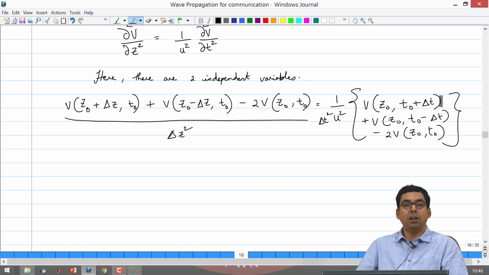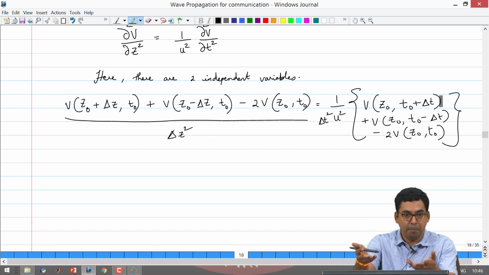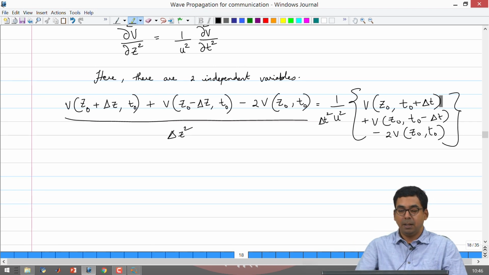If you assume t naught to be the current instant of time, t naught plus delta t is going to be what is the value of voltage at the next instant of time. Okay. So, in cases of equations which have time derivatives, the unknown is simply the future values, alright.